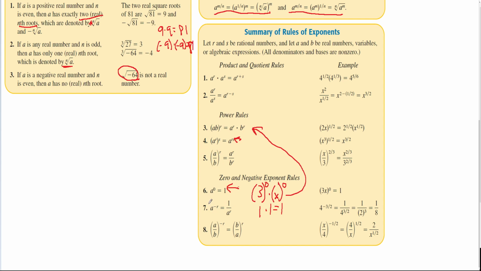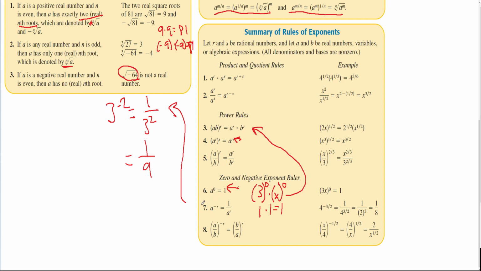And then number 7 here, or our definition number 7 here, if we have some number a raised to a negative exponent, well, we have to take the inverse of that, okay? So if I have 3 raised to the power of 1, raised to the negative 2, I would rewrite that as 1 over 3 squared, which is 1/9, right?